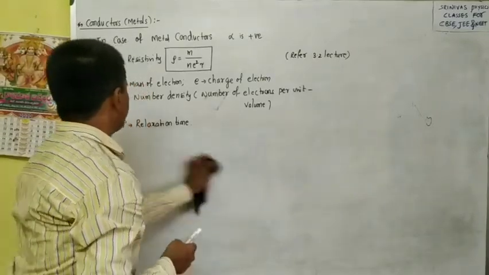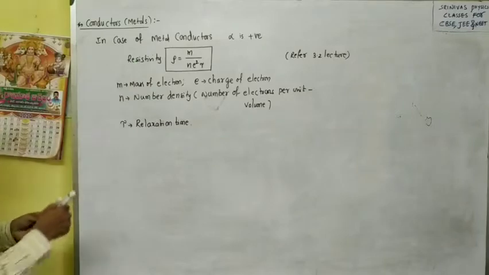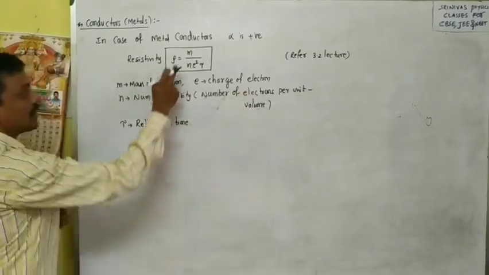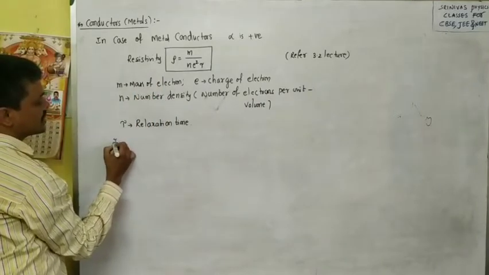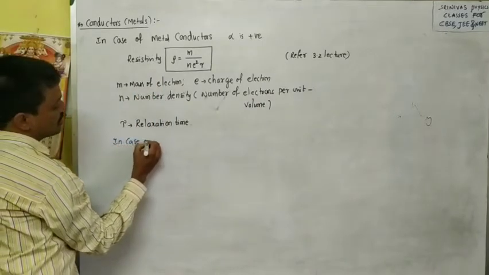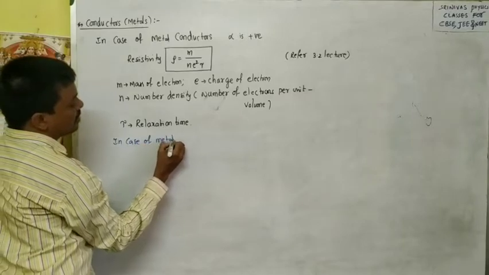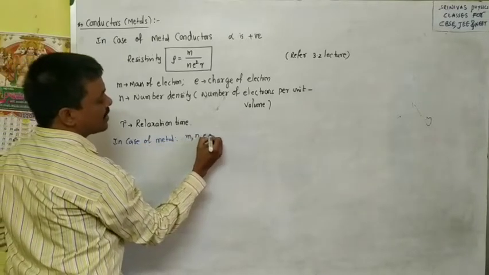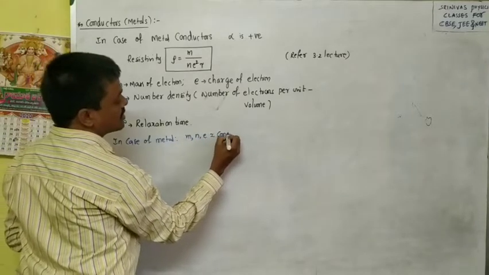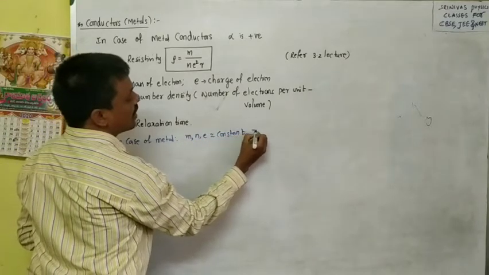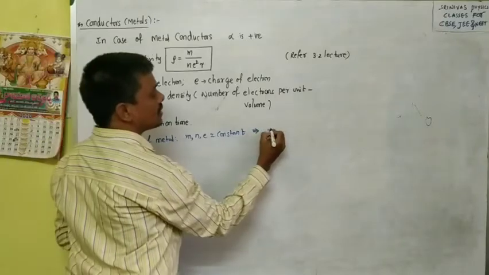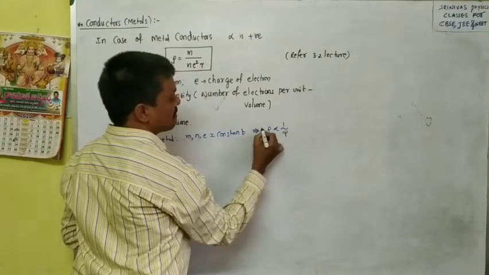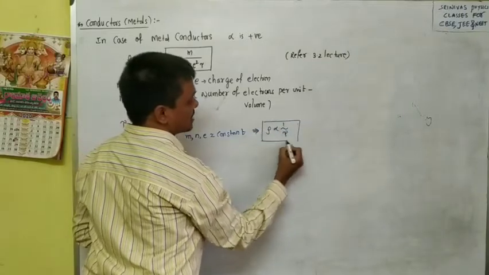And what happens in this case? In case of metal, there is a fixed n value, the number of electrons per unit volume, and m, n, e are almost constant. Then how does resistivity depend upon the relaxation time? Resistivity is inversely proportional to the relaxation time.